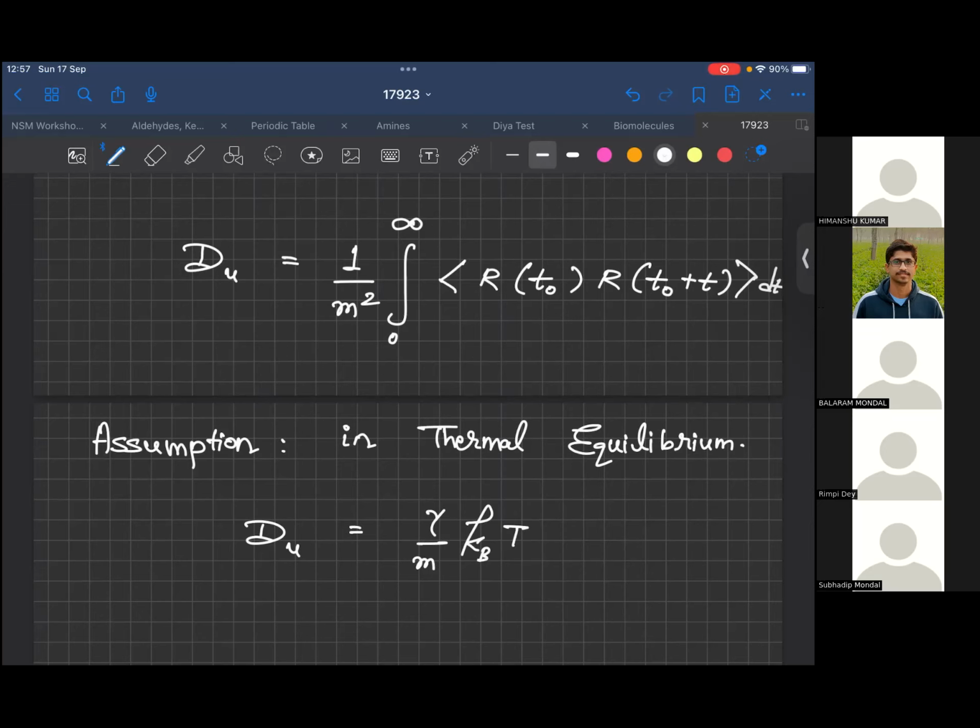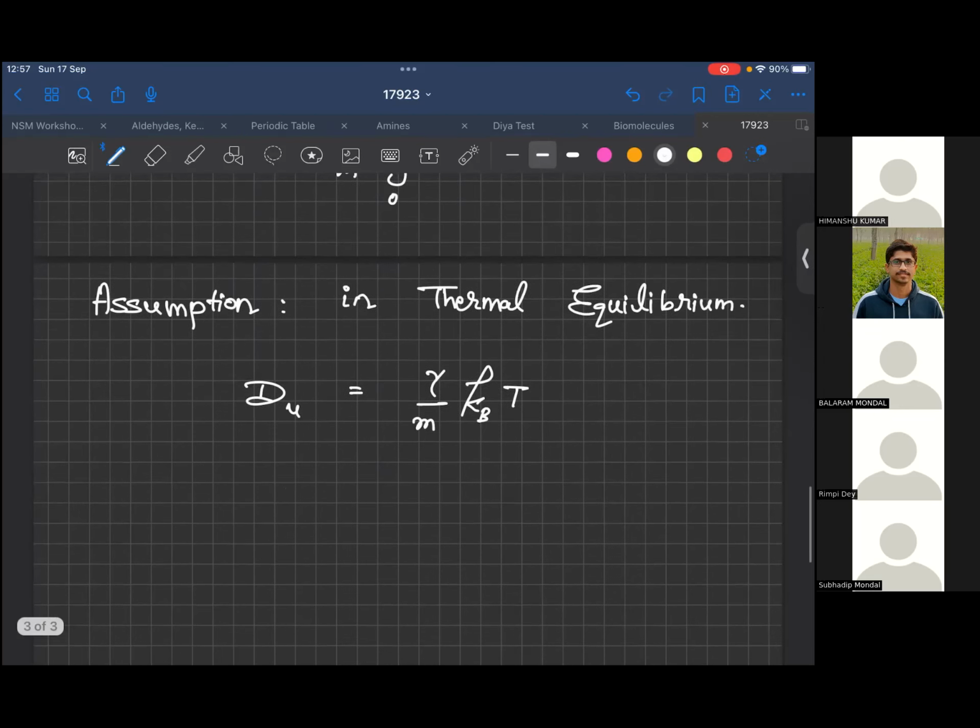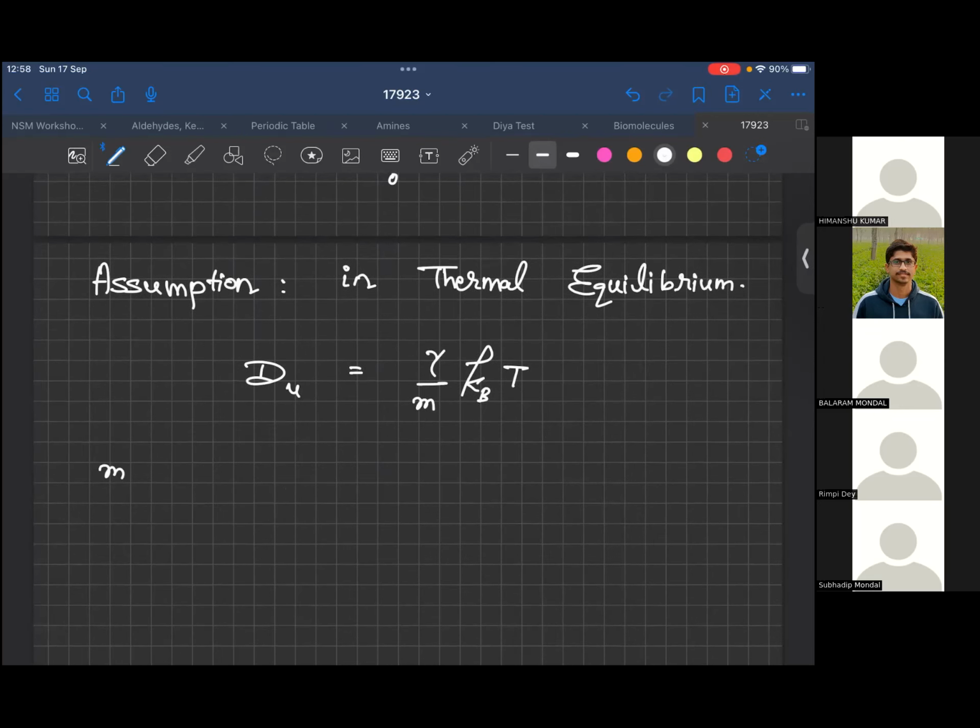Since it's in equilibrium, they are going to be equal, the frictional constant and this thermal equilibrium energy. So from the previous expressions, we can write m gamma equals to, and then putting the value of the diffusion constant here.